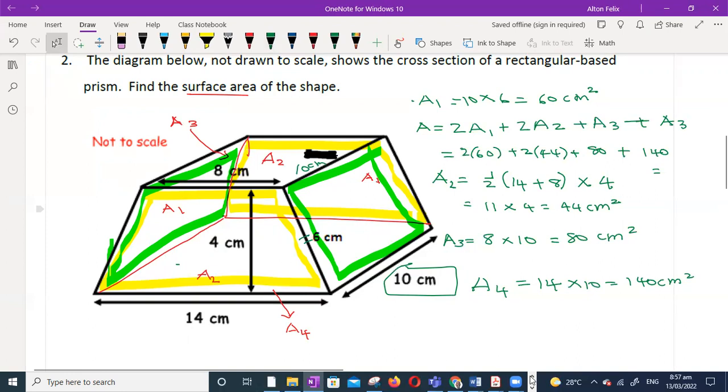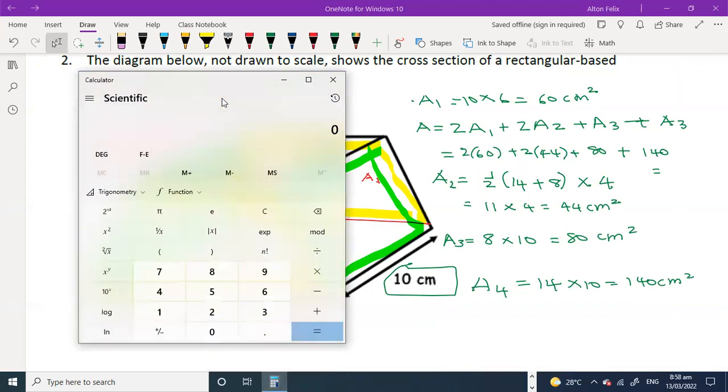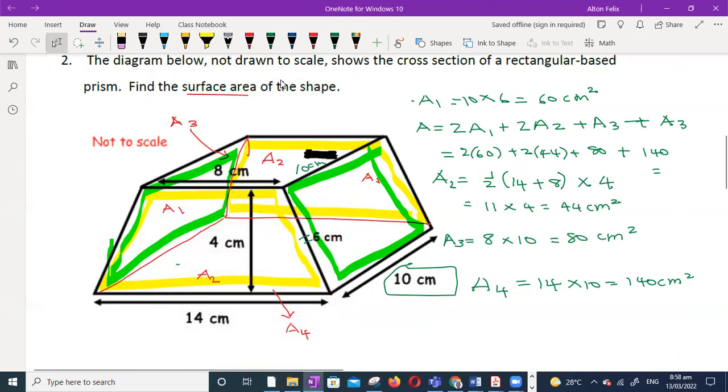Right, so it's calculator time. 2 by 60 is 120. So it's 120 plus 2 by 44 is 88 plus 80 plus 140. 428 centimeters square. So that will be our total area A.